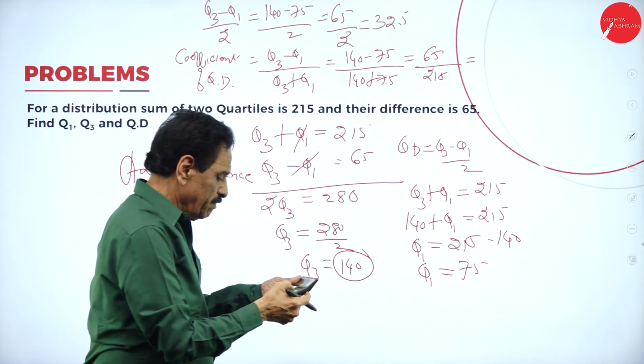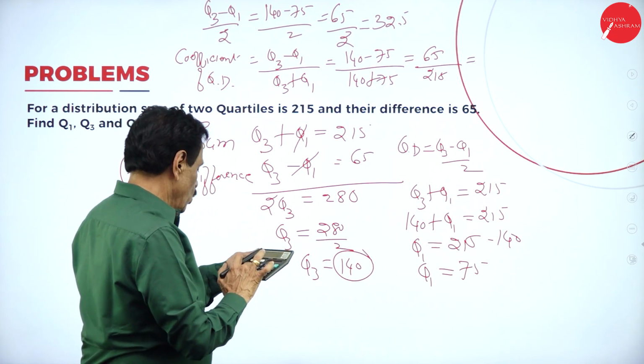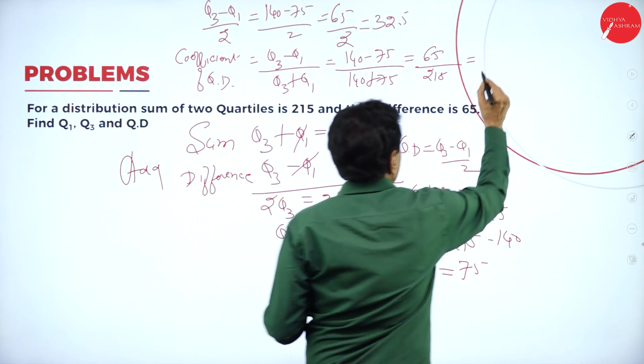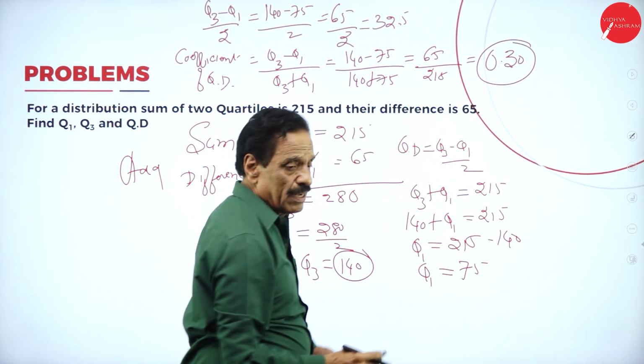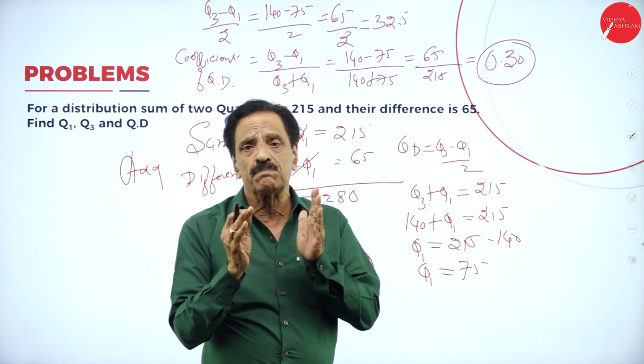So 65 divided by 215 is equal to 0.30. This is the coefficient. What's your coefficient? Q3 minus Q1 divided by Q3 plus Q1.